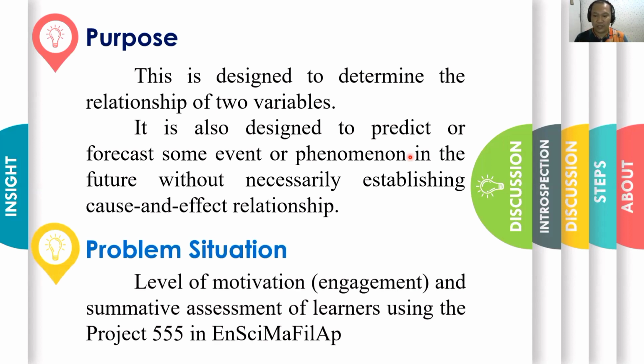Level of motivation and summative assessment. Okay, level of motivation or the engagement of the learners and the academic performance, specifically the summative assessment, if there is a relationship between the level of motivation and the summative assessment using Project 555 in English, Science, Mathematics, Filipino, and Araling Panlipunan.